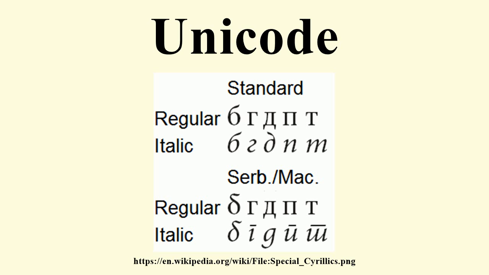For example, U+200C zero width non-joiner and U+200D zero width joiner may be used to change the default shaping behavior of adjacent characters. There are 152 format characters in Unicode 8.0.